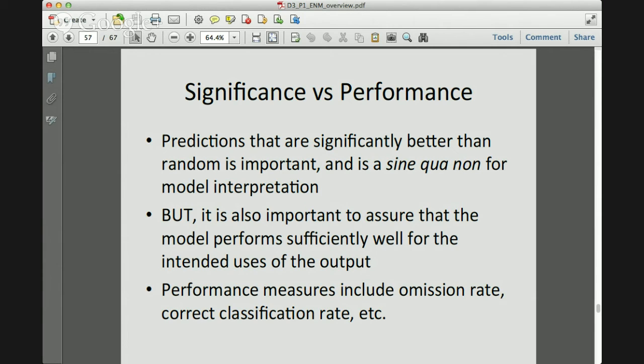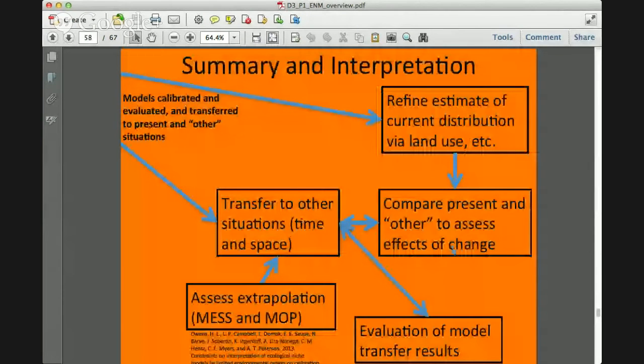And so maybe I'm able to predict that 51% of the time. So it's definitely better than random if I have a big sample size. But that might not be enough for the purposes of my study. So we always want to pair a significance measure with a performance measure. And performance measures might be things like omission rates or correct classification rates. So that's a really crucial part of this topic.